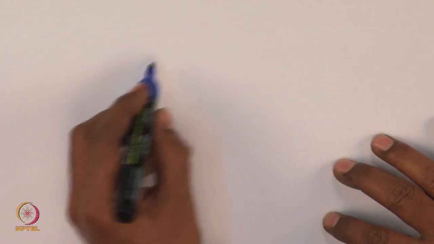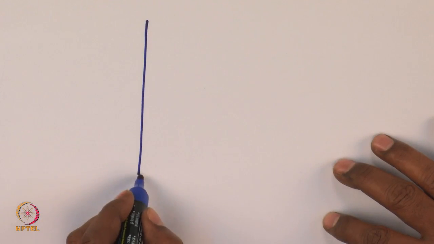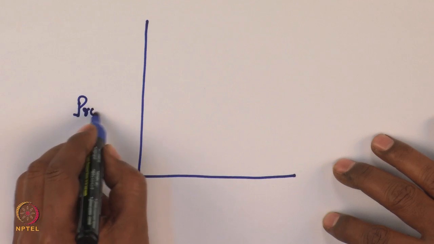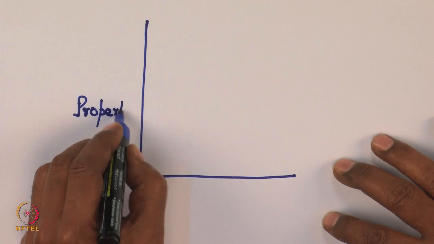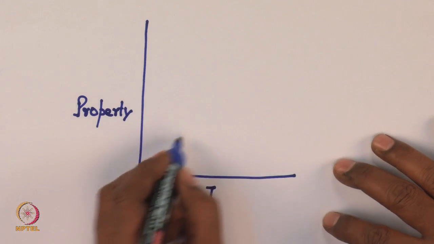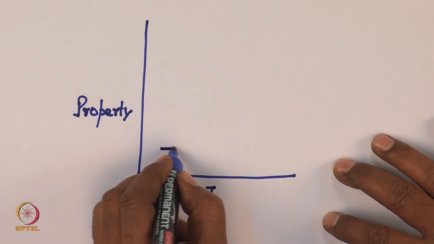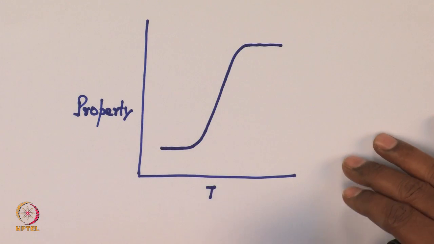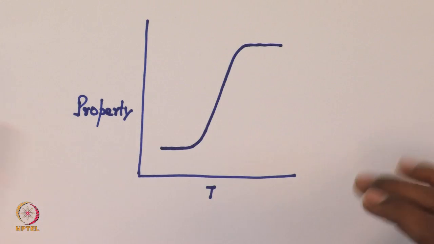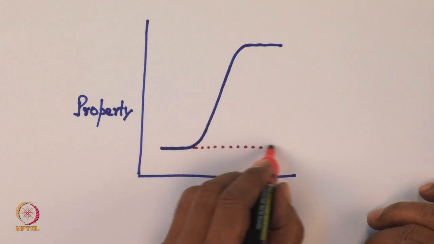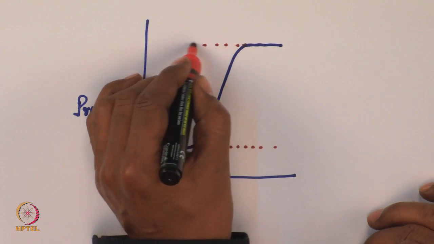If the integrated plot, let us say, I will put as property, the integrated one, against temperature, and if the variation is like this, then let us talk about these distances.